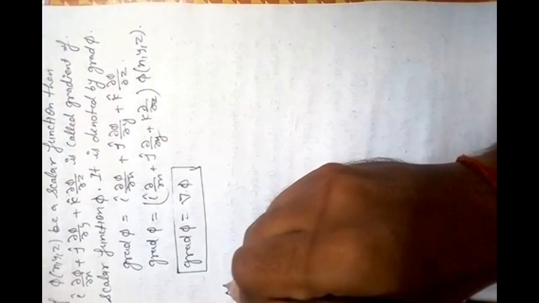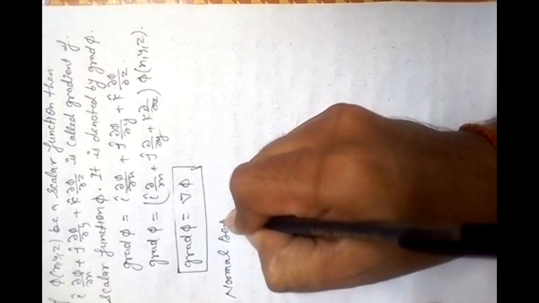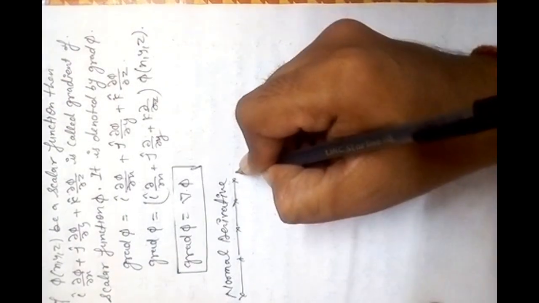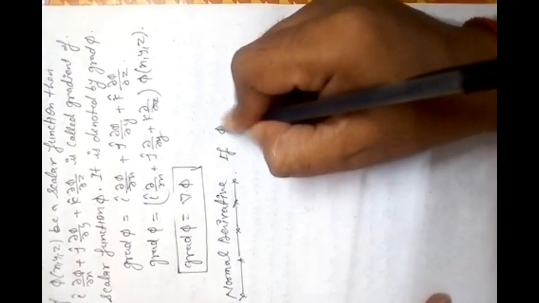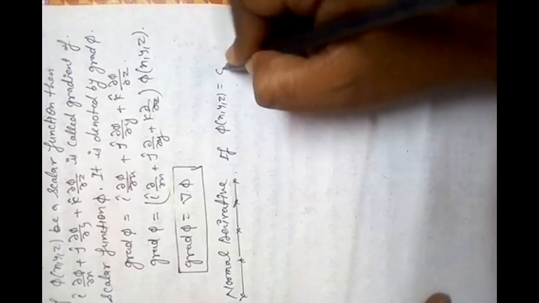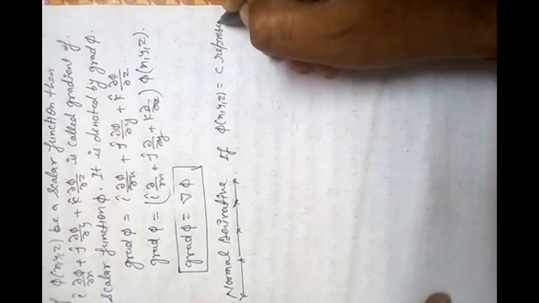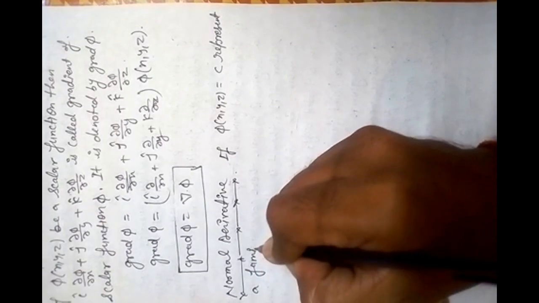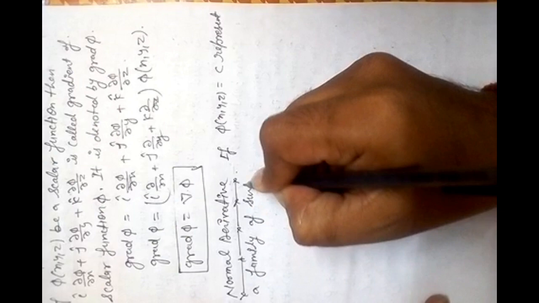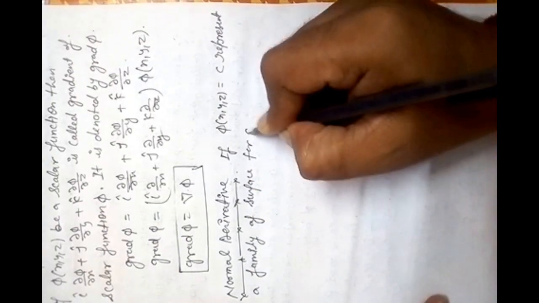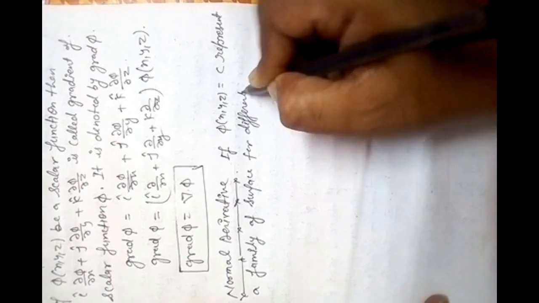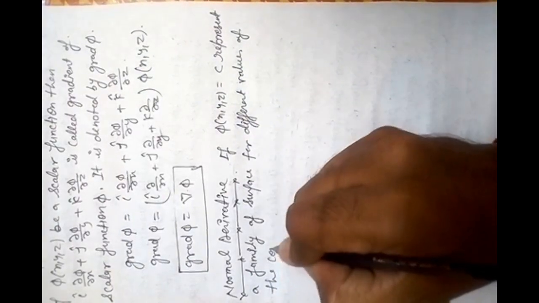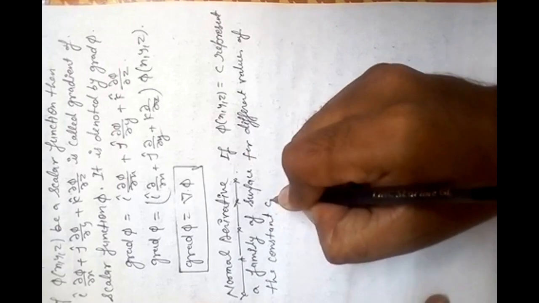Next topic is normal derivative. If phi(x, y, z) is equal to c, it represents a family of surfaces for different values of the constant c.